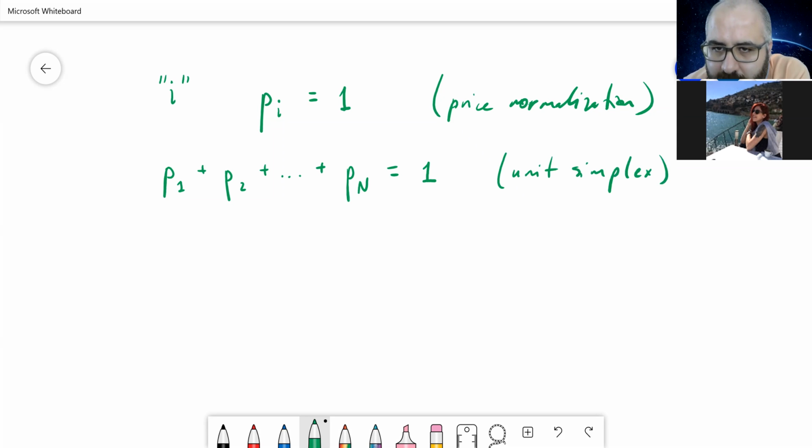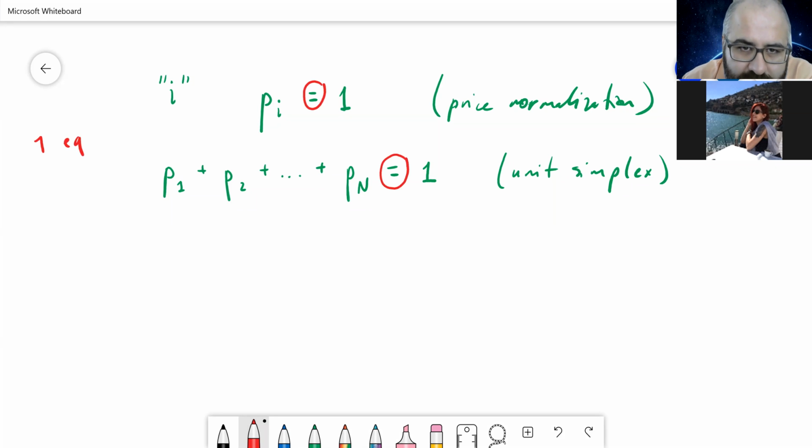But right here, be careful. You are introducing new equations. Right here, I introduced an equation. Right here, I introduced an equation. Remember, I only need one equation to make the system solvable.